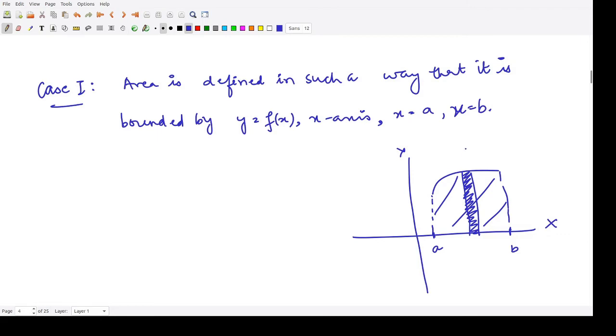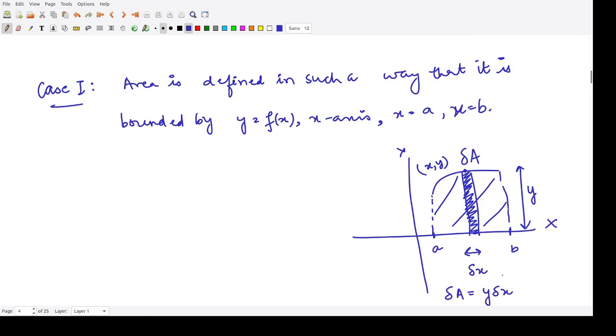So now I am assuming its area is nothing but this delta A, because this is a very small area. So what is this length? If I have some point here as x comma y, so its length would be y and this is the very small displacement in x, so it would be delta x. Therefore, delta A would become y into delta x.